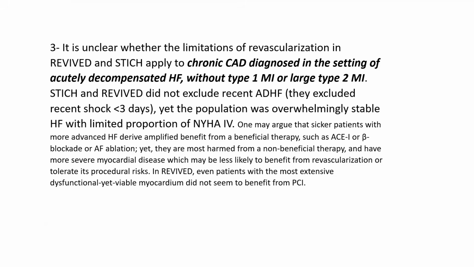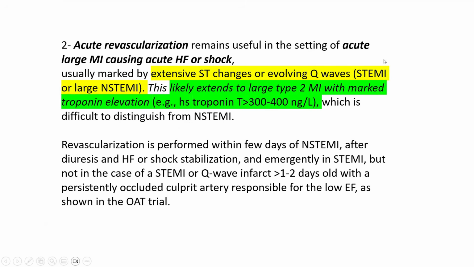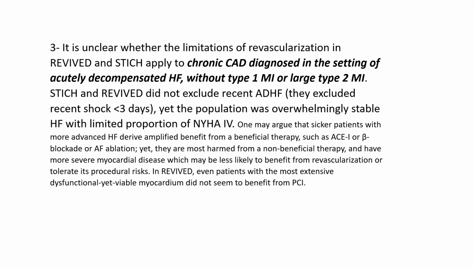Now, a third and debatable idea here. It's unclear whether the limitation of revascularization in REVIVED and STICH apply to chronic CAD diagnosed in the setting of acutely decompensated heart failure without type 1 MI or that large type 2 MI marked by massive troponin elevation or especially by extensive and profound ST changes. It's not clear if you have acute heart failure without that large MI whether you would benefit from revascularization.